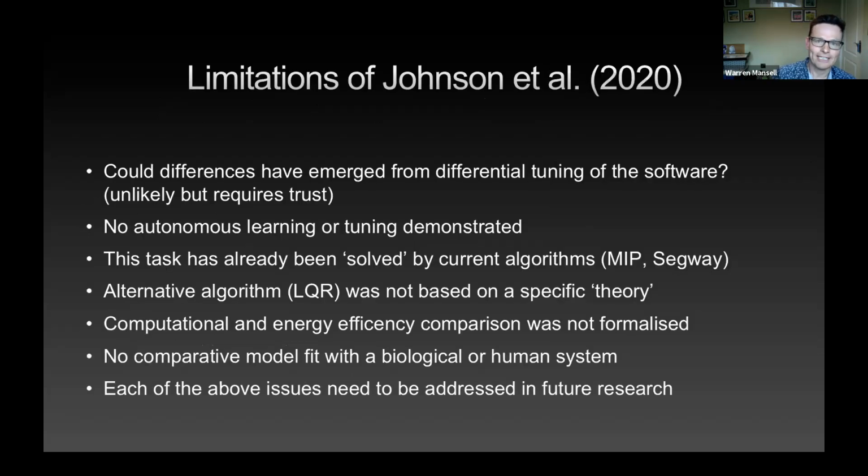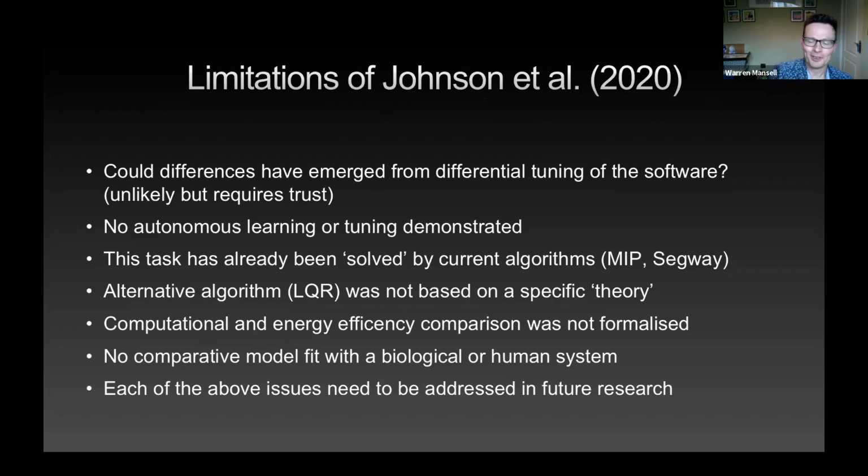So what we want to do is to move on from those limitations. The biggest limitation is that we did manual tuning of both of these pieces of software. And so the impartial reviewer would say, well, maybe you just tuned the PCT system, you put more effort into tuning and optimizing it than the LQR system.